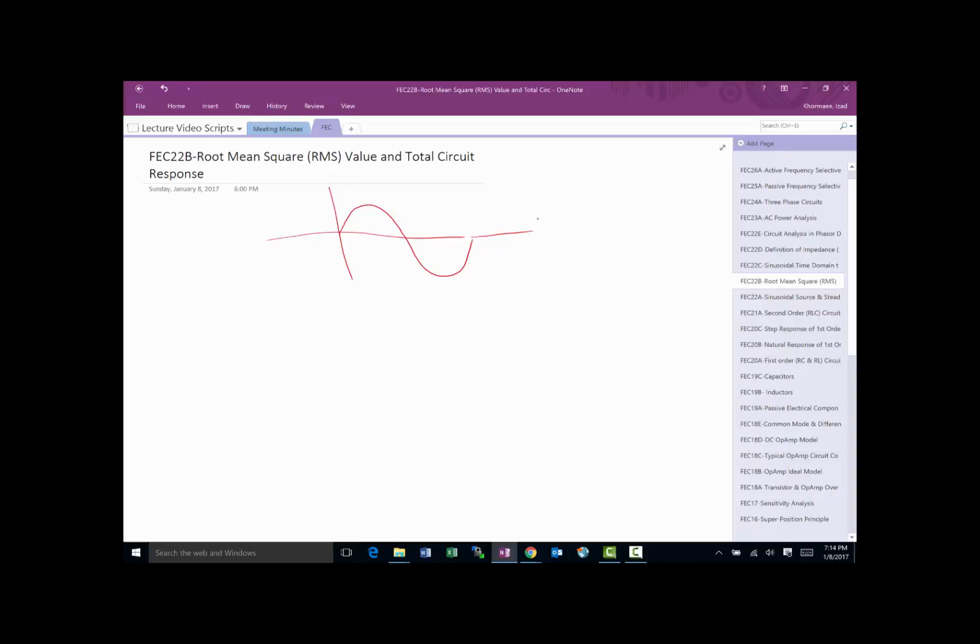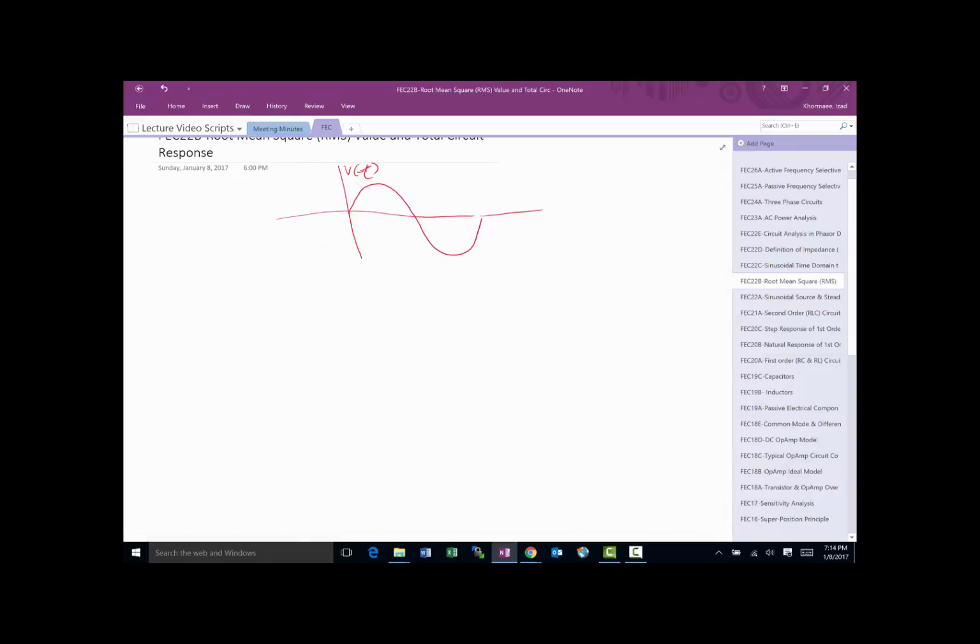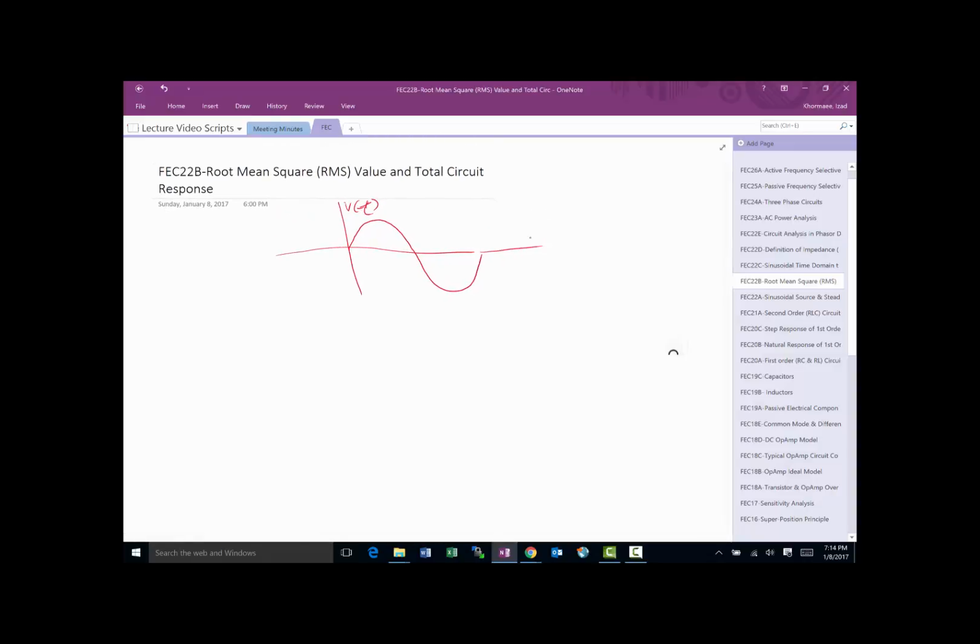And if somebody wants to get an approximation of how much voltage on the average is delivered, if you go with trying to understand equivalence to a DC delivery from the signal, if you just take the average of it, let's say this was V of t, and this axis is t.